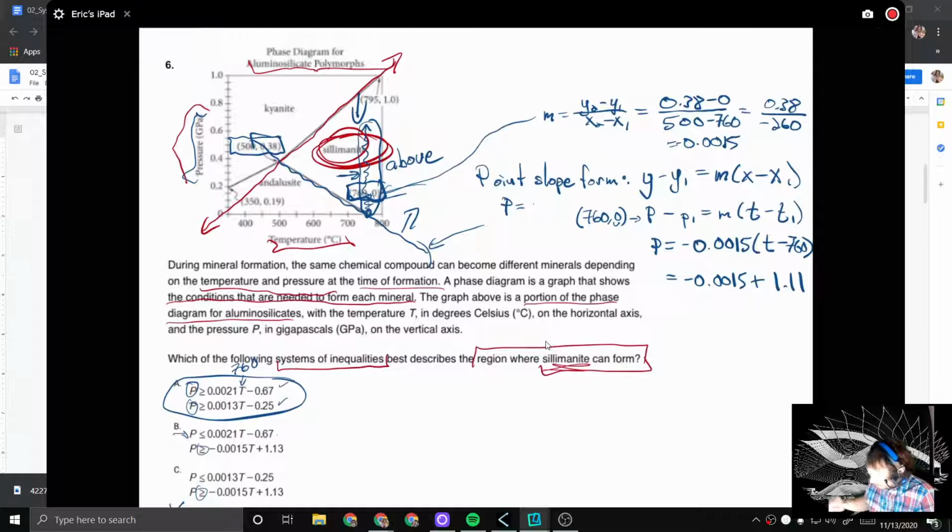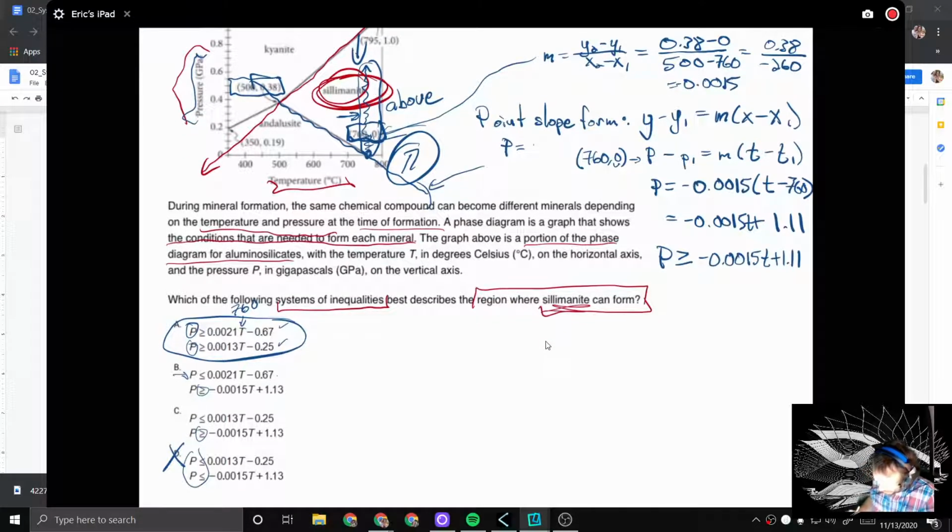It's definitely right. And we want P above those. We want P above again. So we want P greater than or equal to negative, oh, I missed my T here. Negative 0.0015 T plus 1.11.